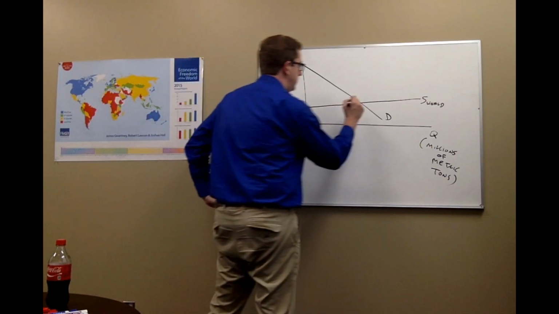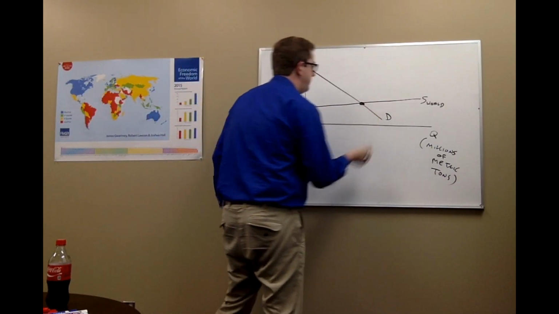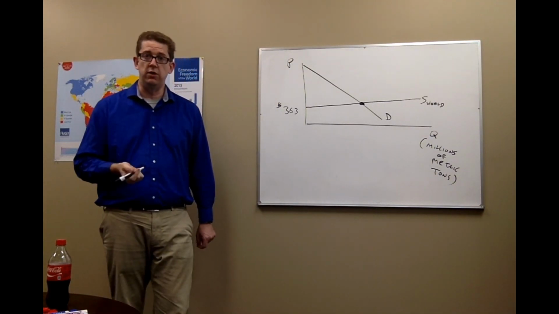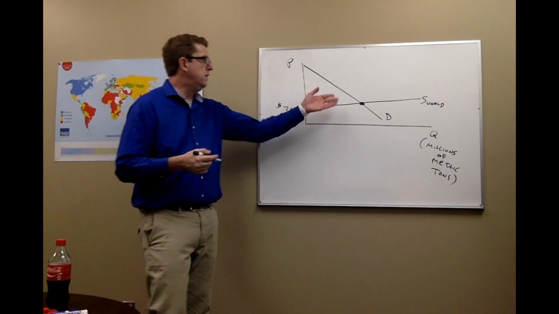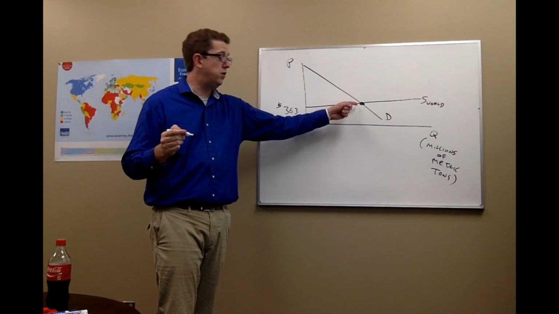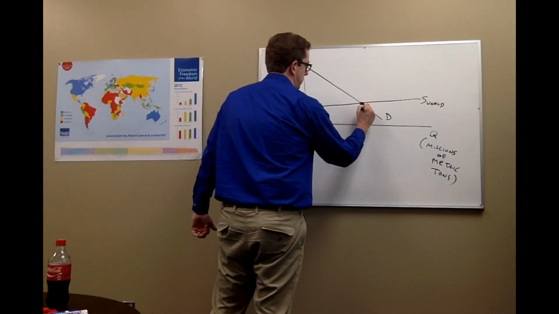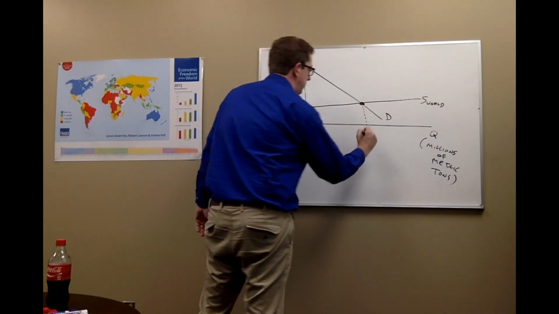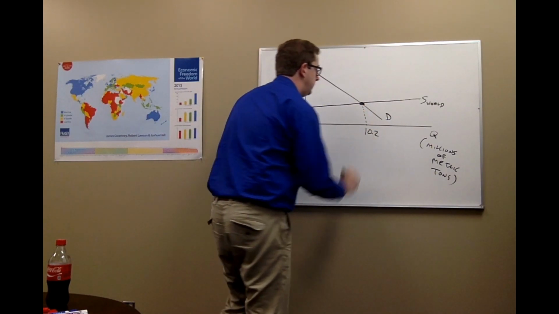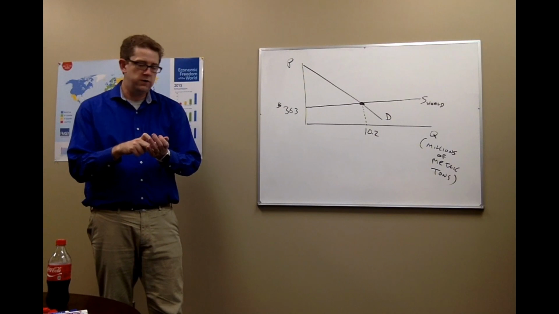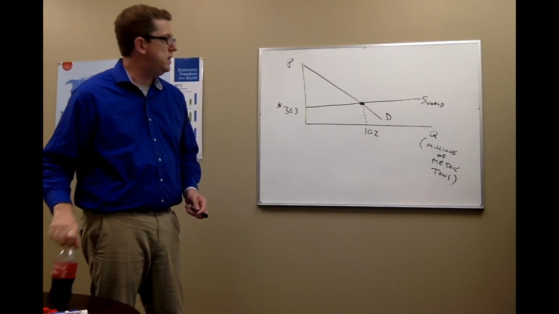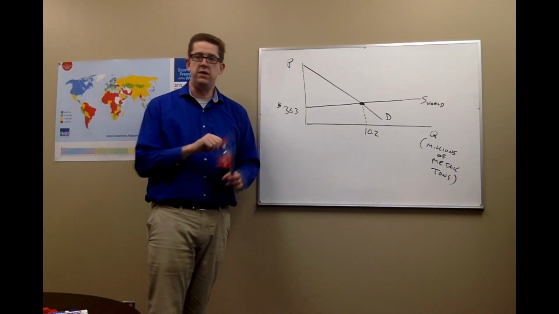Now, in order to find how much steel Americans get, simply find the intersection of the demand curve with this world supply curve. And we're going to say for this problem that Americans consume and use 10.2 million metric tons of steel.